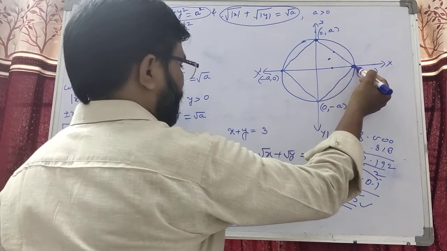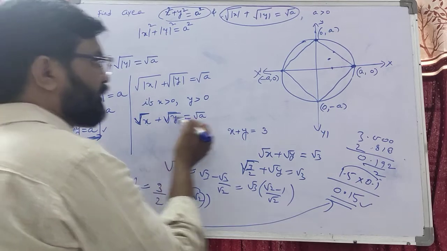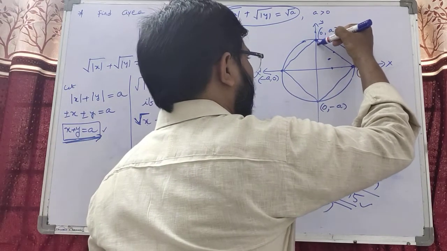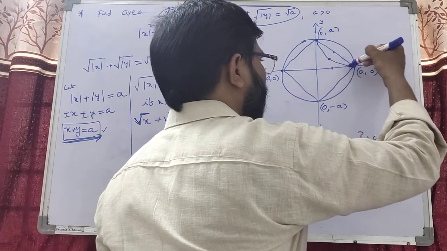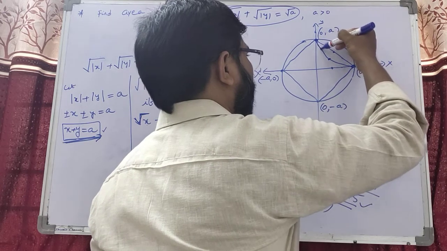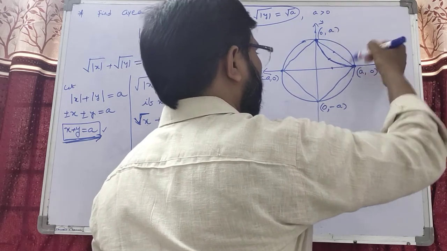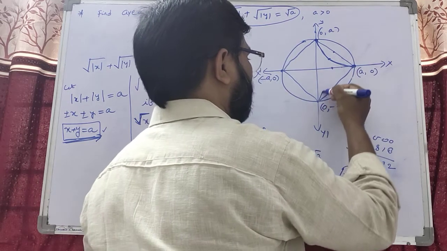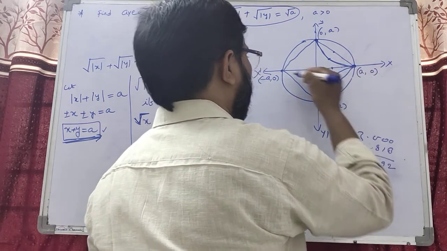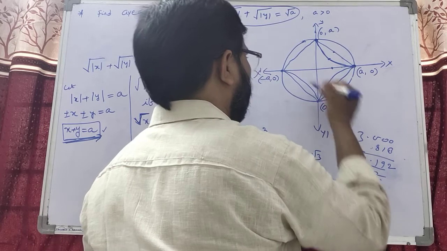We take x is 0, y is a. Therefore, dear students, this is the graph of root x plus root y. Similarly, like this, this is the graph.